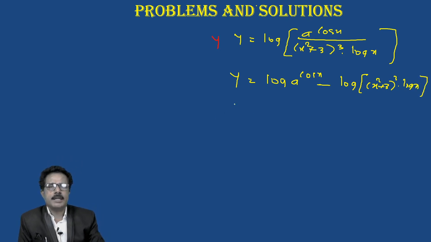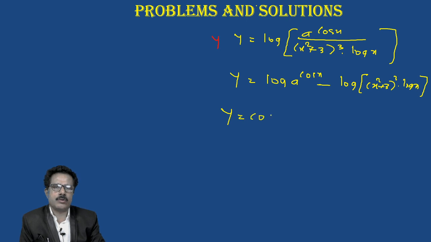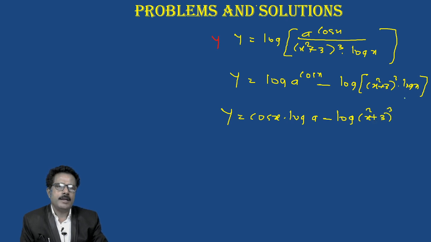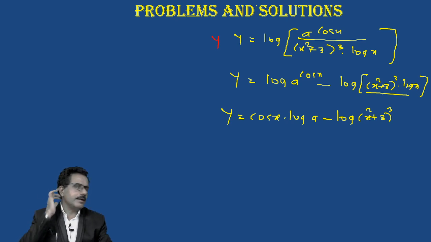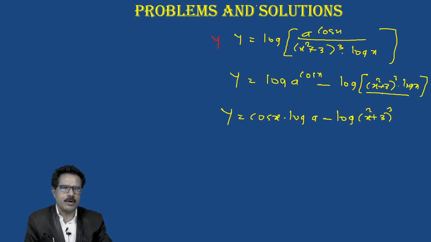Solve this. First of all, you can take a simplification. y is equal to cos x into log a minus log of x square plus 3 bracket cube. Again there is a product. In the product, log of m into n, we can write log of m plus log of n.